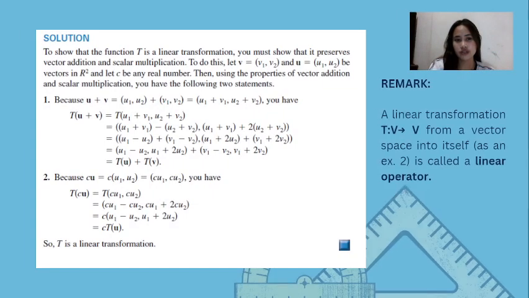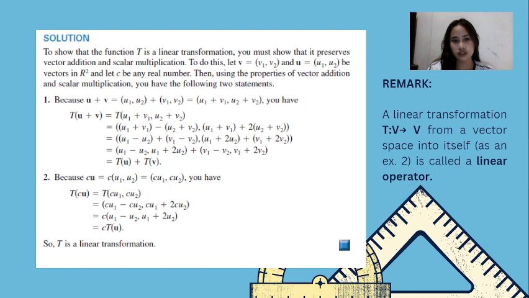So we have here a solution. To show that a function T is a linear transformation, we must show that it preserves vector addition and scalar multiplication. So sabi doon, ang linear transformation daw is malalaman natin if masatisfy niya yung vector addition and scalar multiplication.